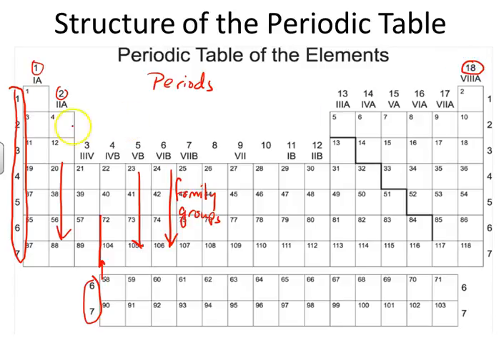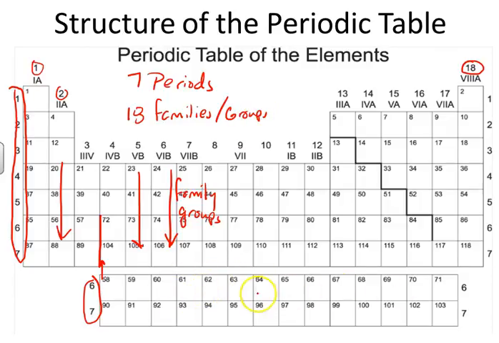But we also have some systems that involve Roman numerals and letters. You may need the Roman numerals and letters at certain times solving certain problems, but primarily we're going to use the 1 through 18 system. So there are 7 periods, 18 families or groups.